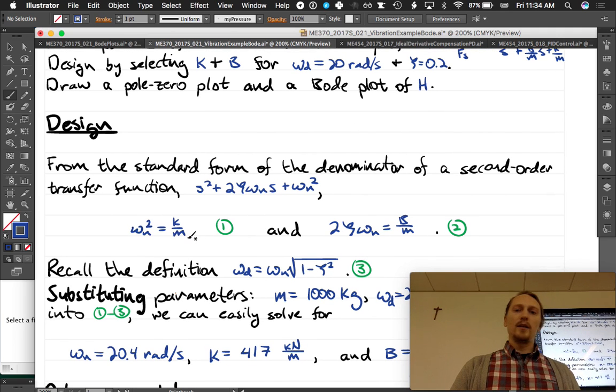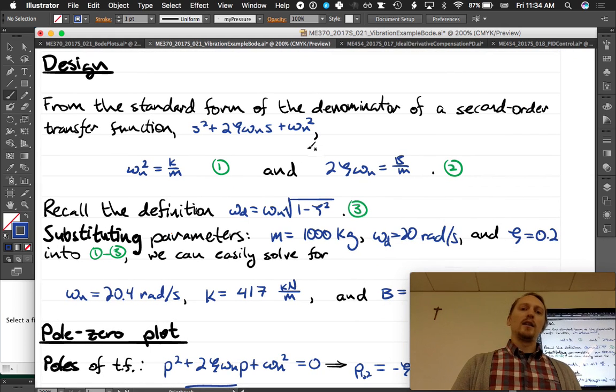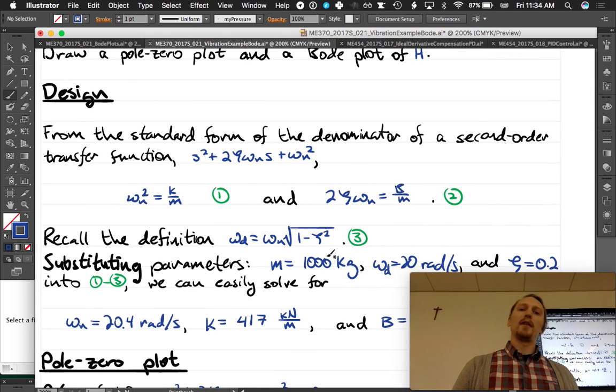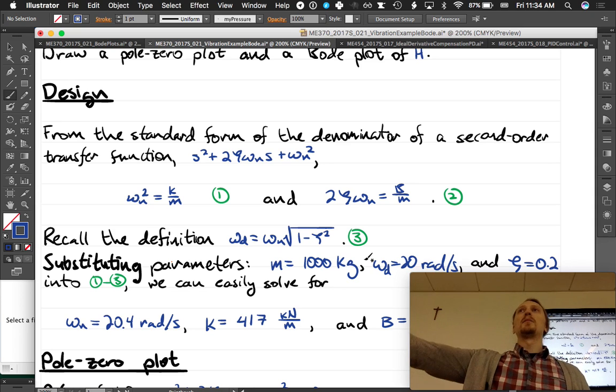How many unknowns are in this? We have also been given, I didn't state it above, 1,000 kilograms for the mass, okay? So that's just given. We can't change the motor mass.